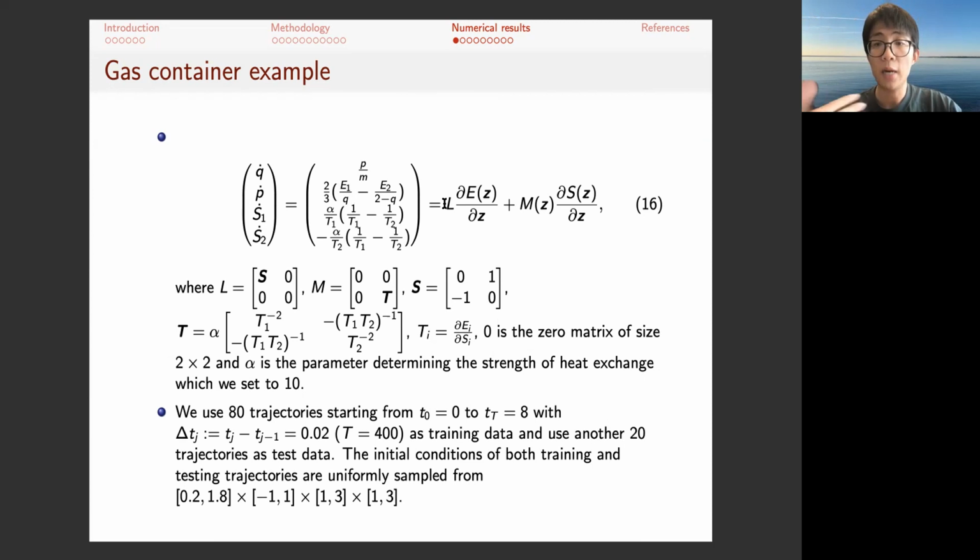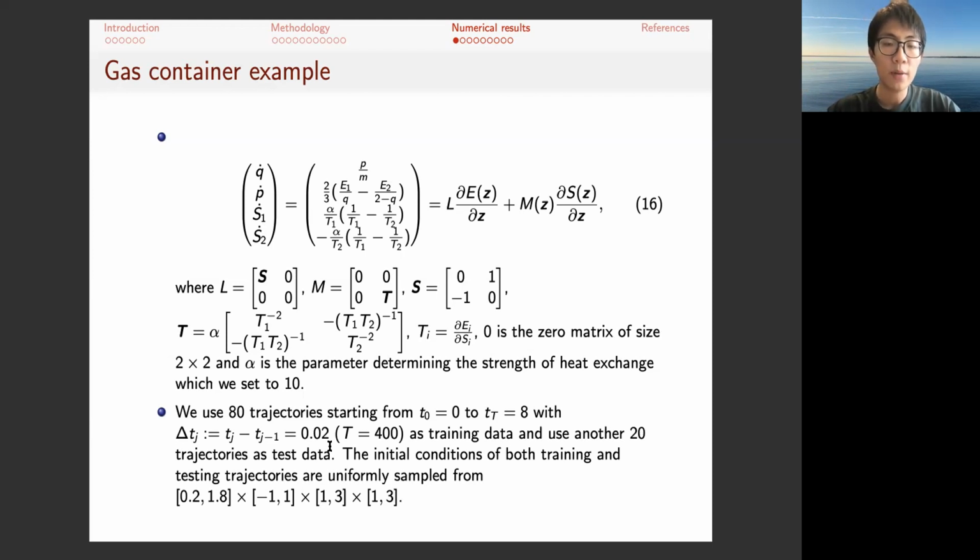So it can be formulated in the GENERIC formalism directly, where the L and M matrices can be given in the following way. And we simulate 80 trajectories from t equals 0 to t equals 8 with delta t equals 0.02, and use 20 trajectories as test data.